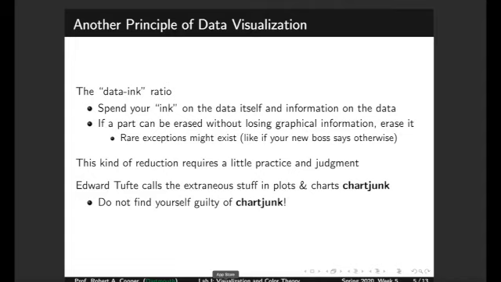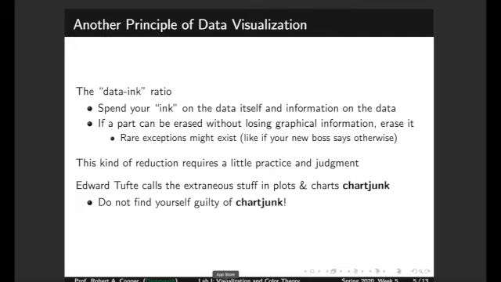Some principles of good data visualization. It's more often than not a really good idea not to overcomplicate a visualization, to quote unquote spend your ink, your digital ink, you might say, on data itself, the variation in the data, and that's it.